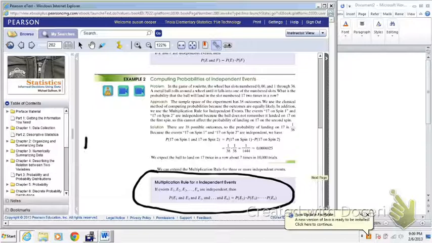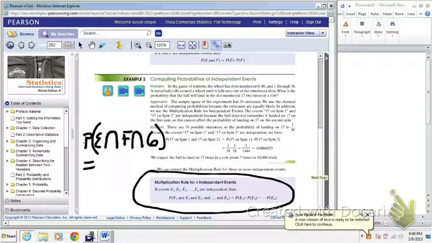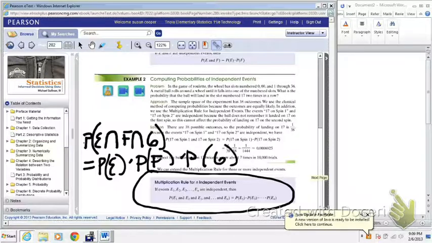What that basically means is if events E, F, and G are independent, then the probability of E intersect F intersect G, if we know that events E, F, and G are independent, we can just go ahead and extend that multiplication rule. So we'll just take the probability of E, times the probability of F, times the probability of G. So all we're really saying with this rule here is that we can extend that to more than 2 events.